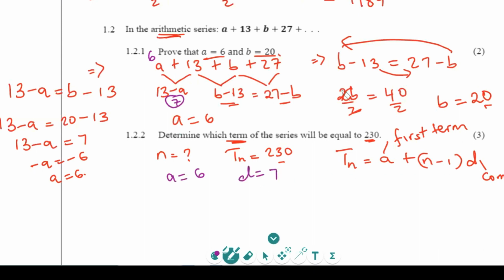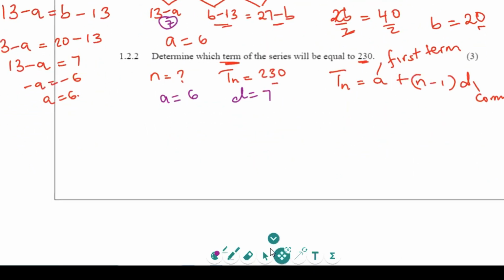And then we just substitute into that Tn. Where there is Tn, I'm going to put my 230, which is equal to a, 6, plus n minus 1 times 7. So I'll start by moving this 6 to that side. 230 minus 6 is going to give me 224.